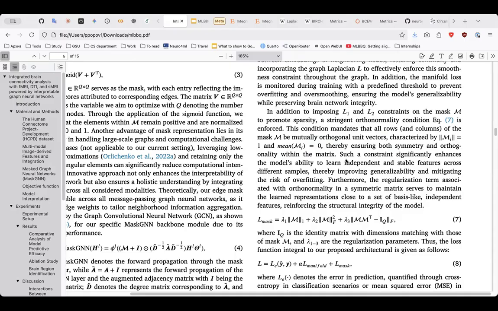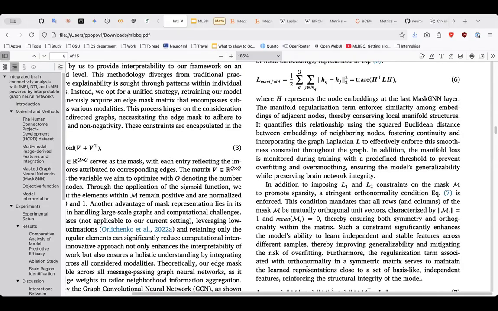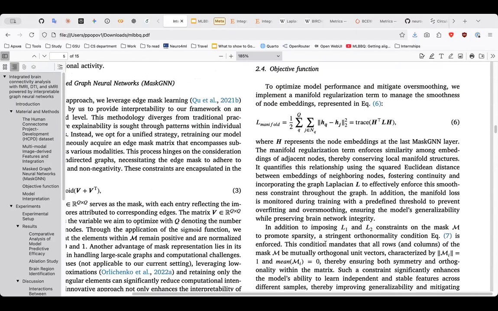We can talk also about the manifold components. Supposed to promote the graph structure. I wonder how it works. Can I scroll up? So it's about this.